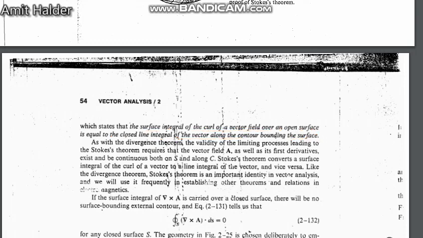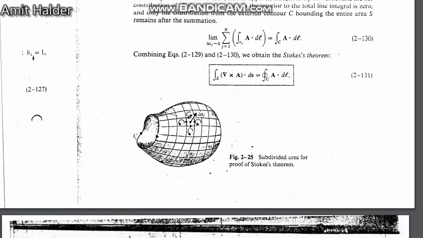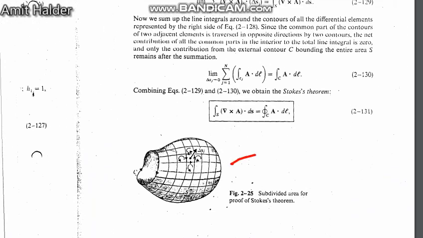If the surface integral of del cross A is carried over a closed surface, there will be no surface bounding an external contour. What is a contour? The contour is a bounded circle, just like this. You can see here there is a figure. We are calculating over the surface and contour.